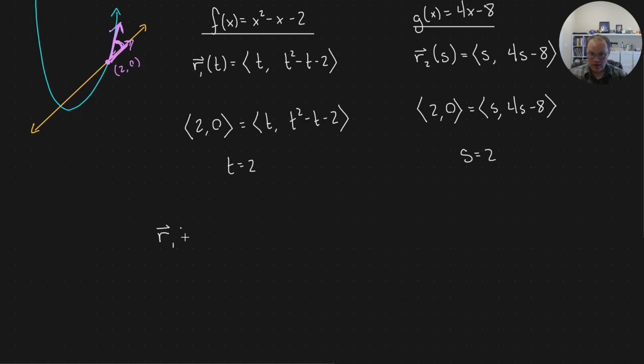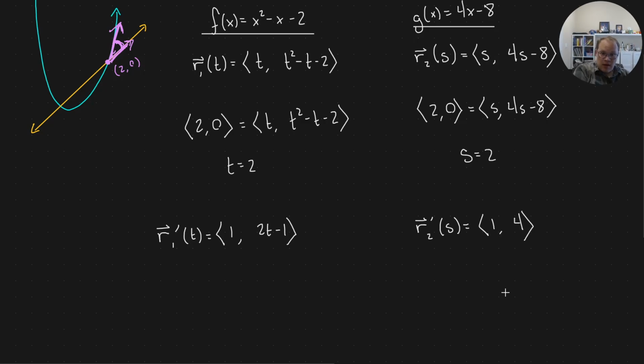Let's take the derivative of the first vector valued function here. I get 1, 2t minus 1. Just taking the derivative of each component individually. And let's do it for the second function here. R2 prime of s, I get 1, 4.